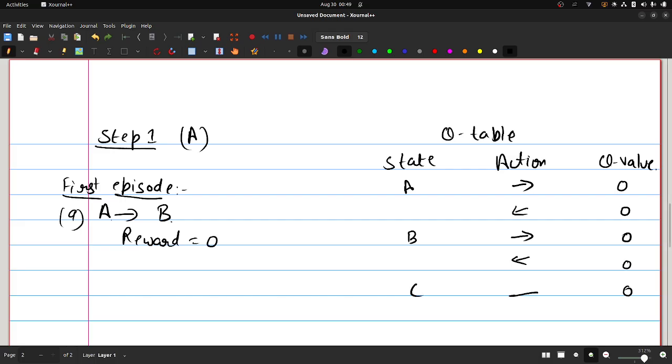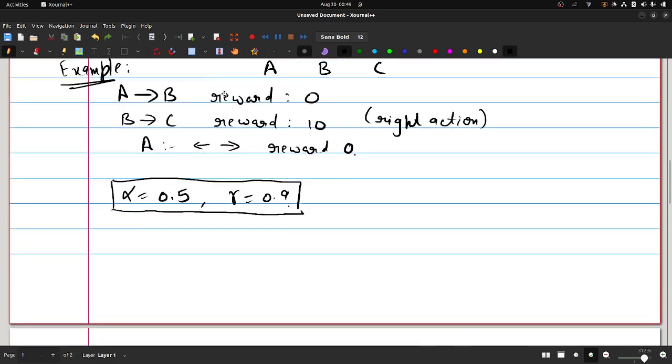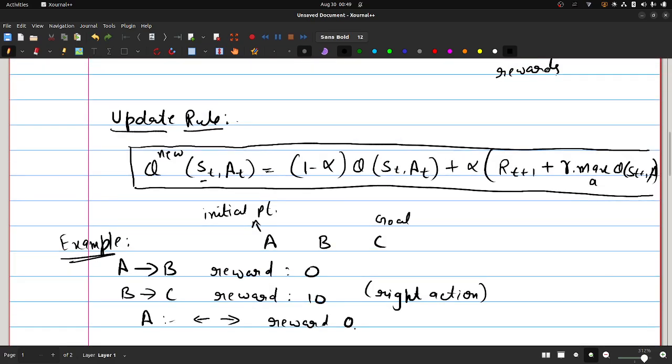Now in this update rule, our reward is 0, we have alpha, we have gamma, and we have Q(S_t, A_t) at present, which is also 0. What is remaining is max_a Q(S_t+1, a).